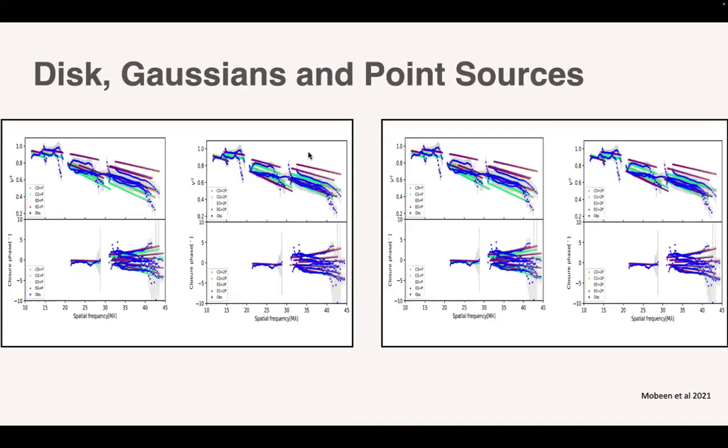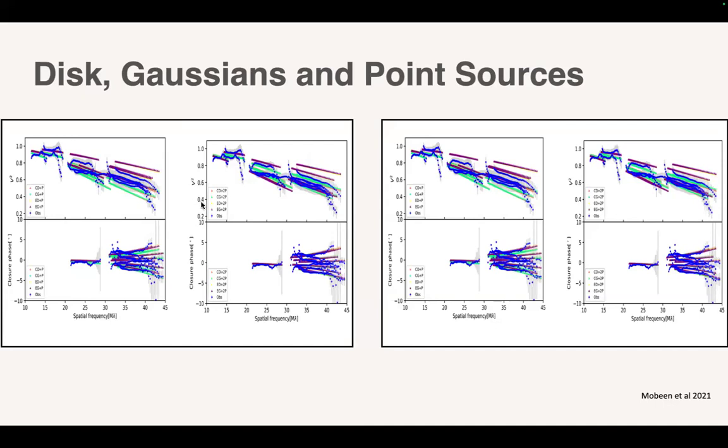Really, what all of those tools do is start with some intensity distribution, compute its Fourier transform, and compare the simulated, or theoretical, squared visibilities and closure phases with the observations to see which one matches the best.